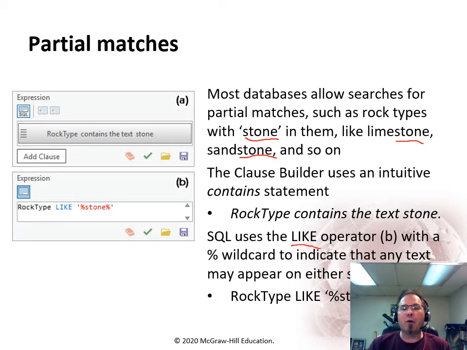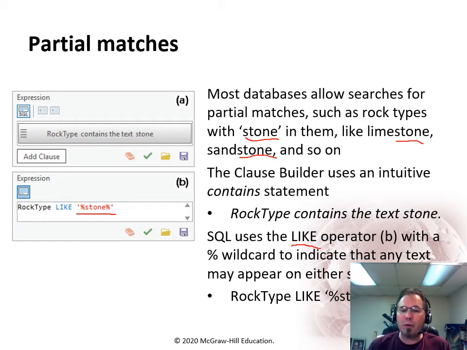You can see that here. And you'll notice it's in all capitals because it's a keyword in SQL. It has to be in all capitals. And then we use the percent sign as what's called a wildcard. Now, if you look at how this is written here in red, you have a single quote, a percent sign, some text, another percent sign, and a single quote.